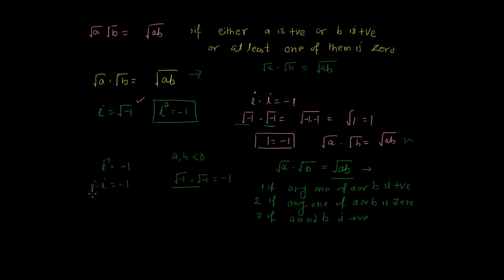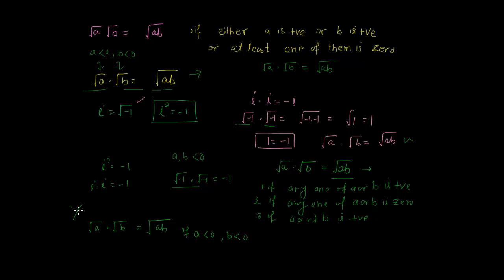So finally, this formula is not true if both A and B are negative, means both A less than 0 and B less than 0. So finally under root A into under root B equal to whole under root AB will not hold true if A is less than 0 and B is less than 0.